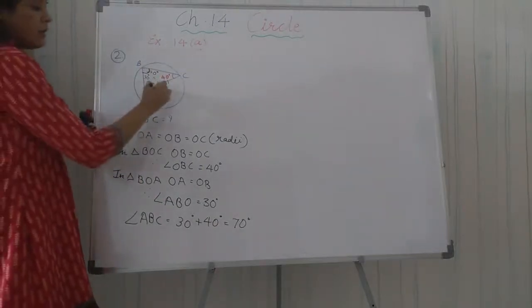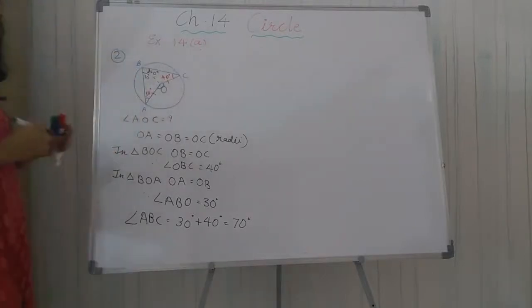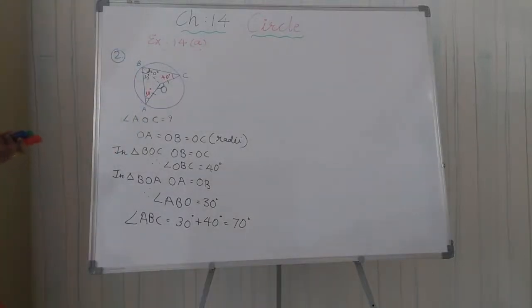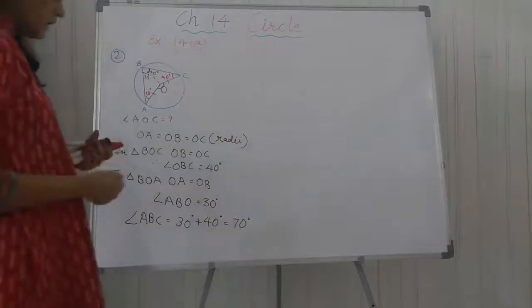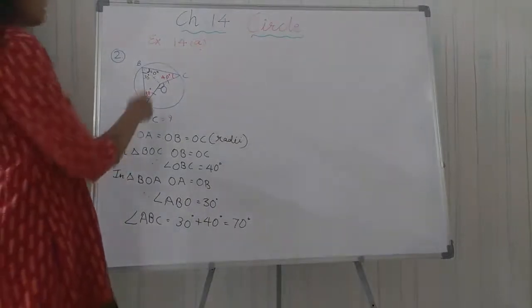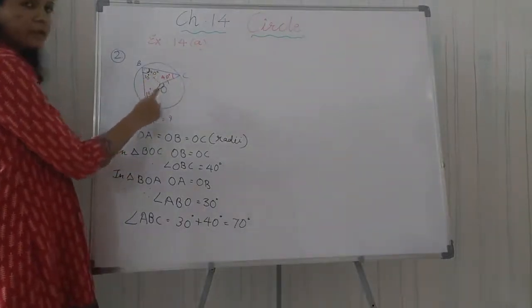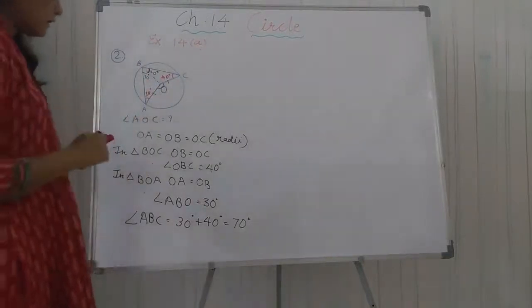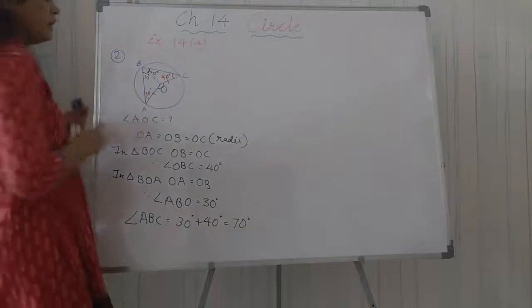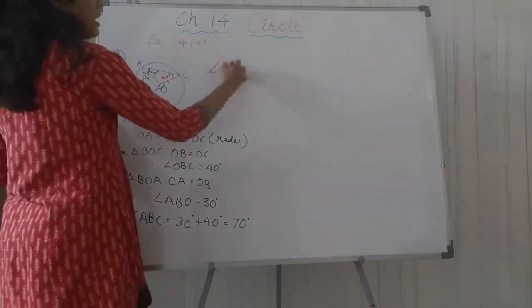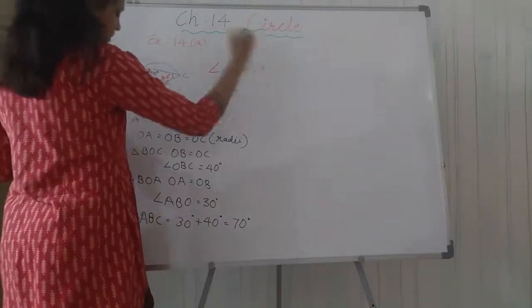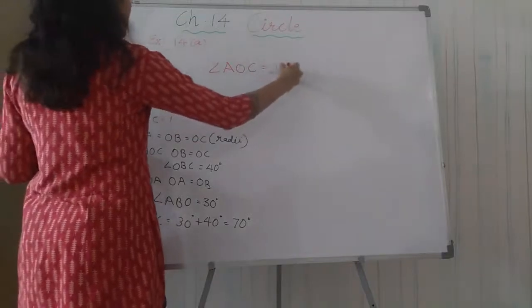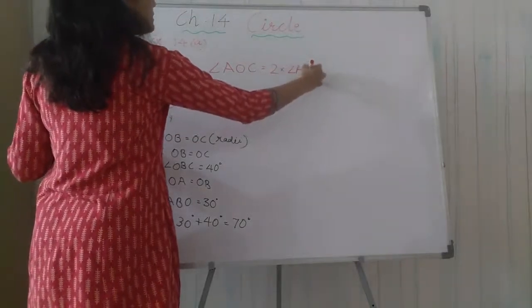So now I can find this angle AOC also. We have already studied in our starting that the angle made at the center is always double the angle made at the circumference. So here I am writing the answer as angle AOC is equal to twice angle ABC.